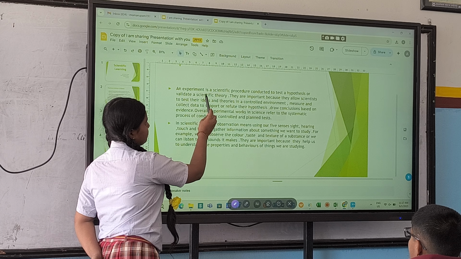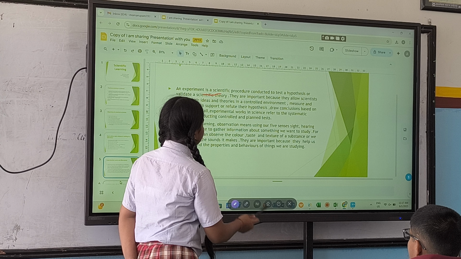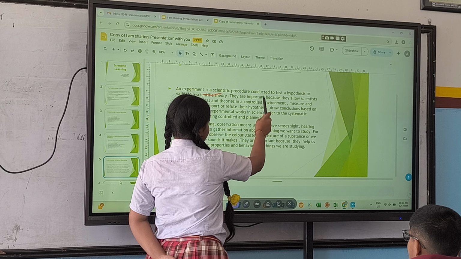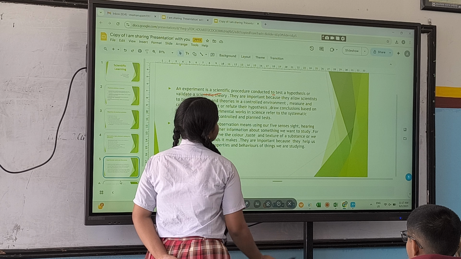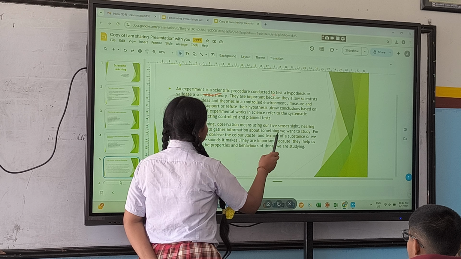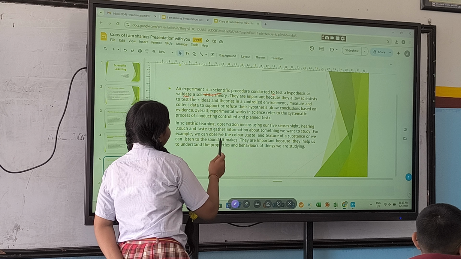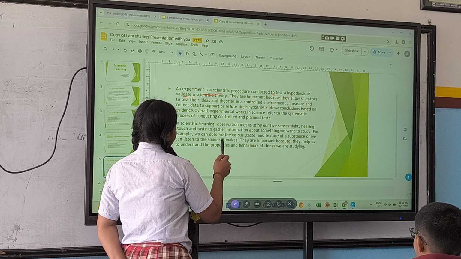An experimental work is a scientific procedure conducted to test a hypothesis or validate a scientific theory.